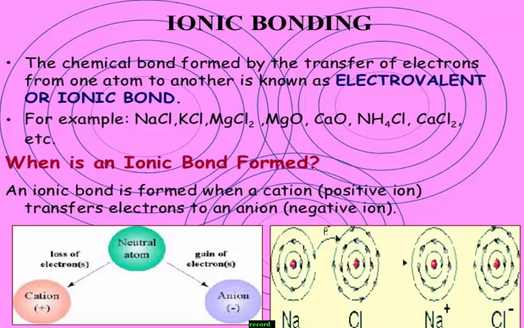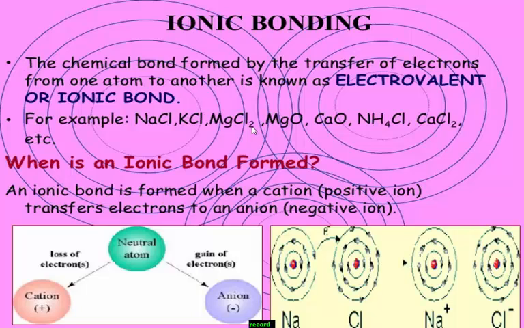If you take an example, NaCl, sodium chloride, potassium chloride, magnesium chloride, etc. Students, remember, ionic bond is formed when a cation, means the positive ion, transfers the electrons to an anion, means a negative charge containing ion.